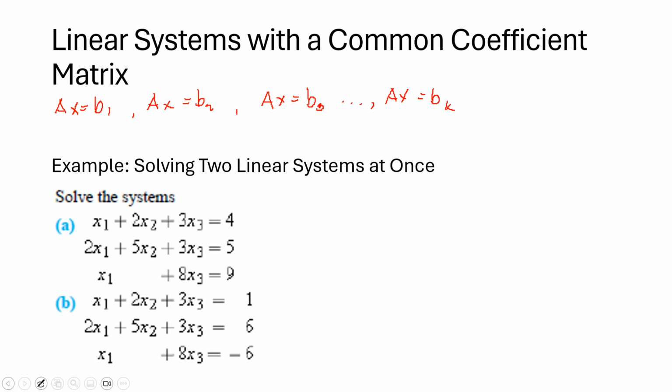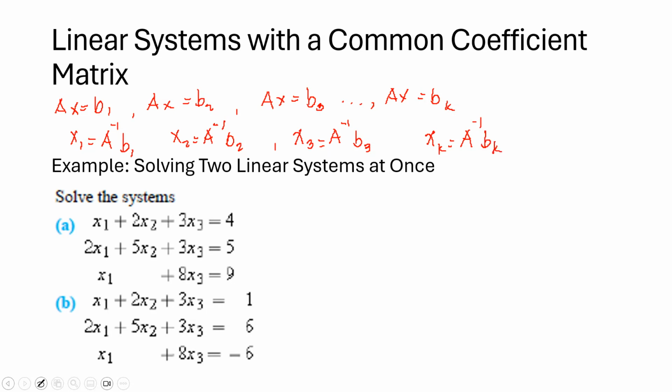If matrix A is invertible, then the solutions would be, in this case, x sub 1 is equal to the inverse of A times b sub 1, x sub 2 is equal to the inverse of A times b sub 2, x sub 3 is equal to the inverse of A times b sub 3, and of course x sub k would be the inverse of A times b sub k.